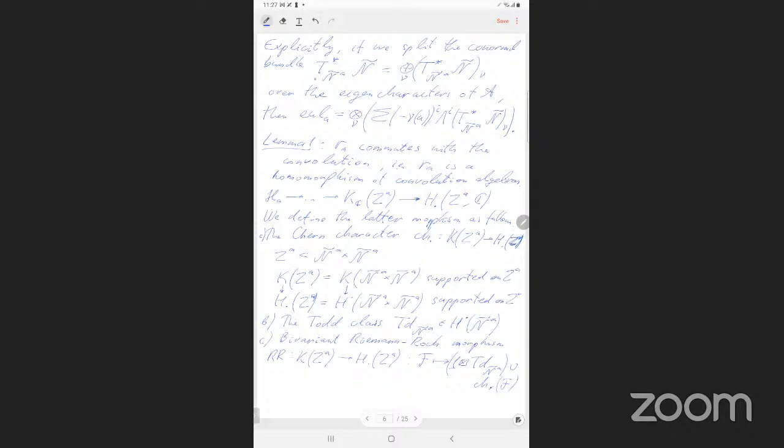Okay, and the second key claim is very similar, namely that this bivariant Riemann-Roch commutes with the convolutions in K-theory and in Borel-Moore homology. And this uses the full strength of the Riemann-Roch theory.